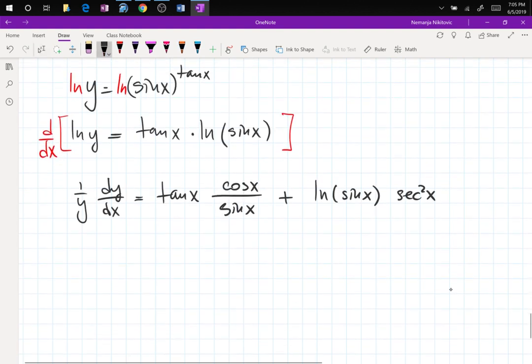Now, everything here drops because tangent is sine over cosine, and then times cosine over sine, so they just cancel. You get 1.